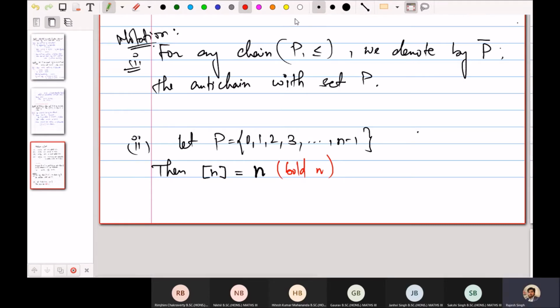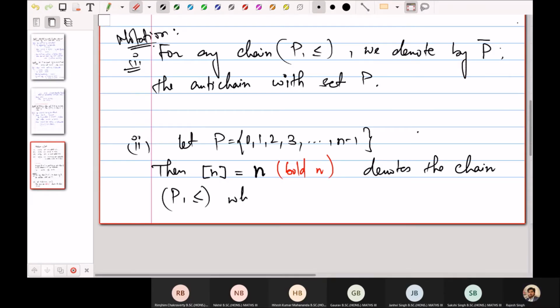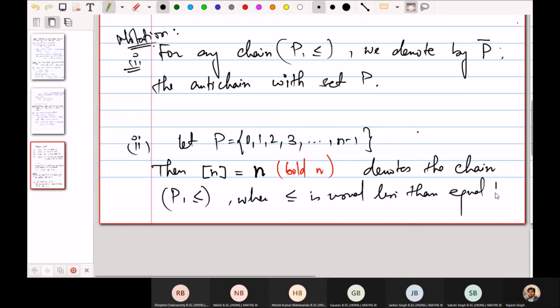Then n denotes the chain P where the order is given by the usual less than or equal to.